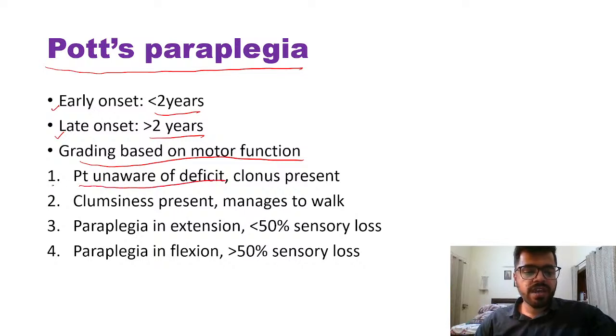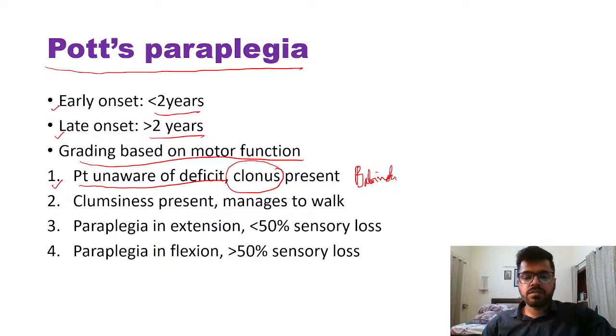Patient doesn't know he has any weakness, but when we examine the patient, we can see clonus or maybe Babinski, maybe ankle clonus, basically upper motor neuron signs. So that is grade 1. The patient is unaware of the deficit, but clonus is present.